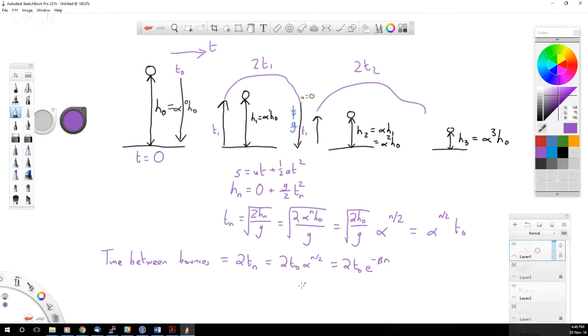So obviously there we've got alpha to the power n over 2 equals e to the minus beta n, so alpha to the half equals e to the minus beta. And taking natural logs of both of these sides, we can find beta.